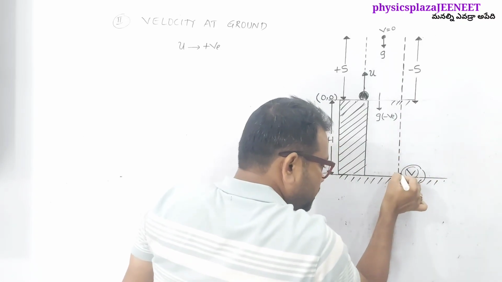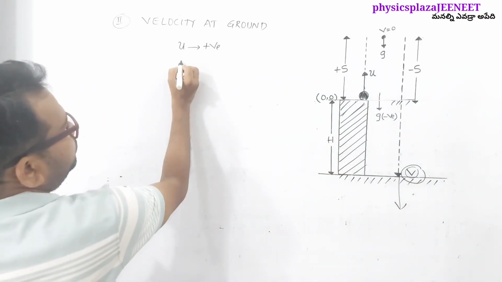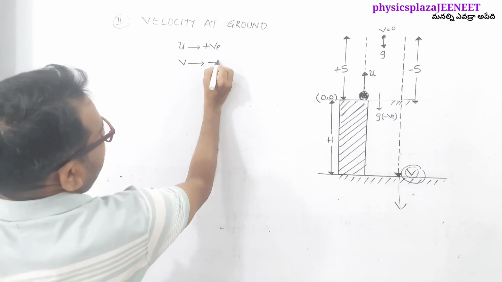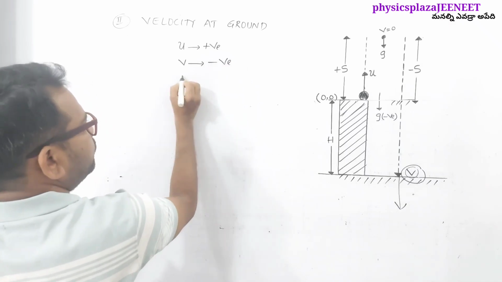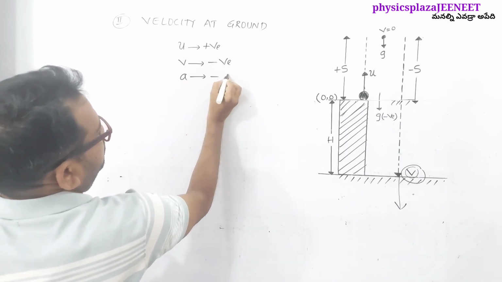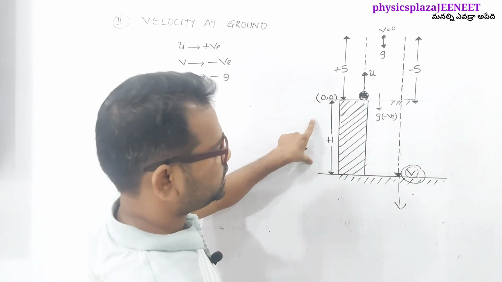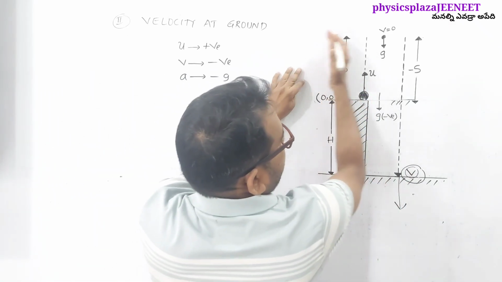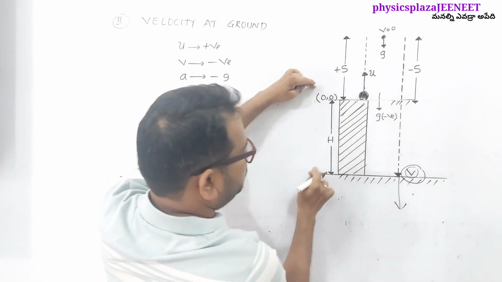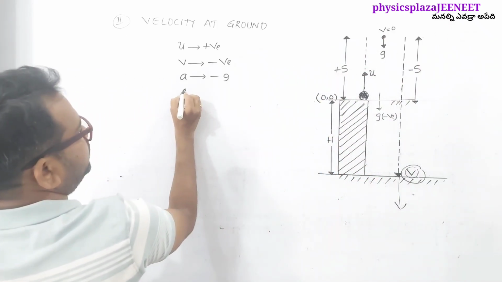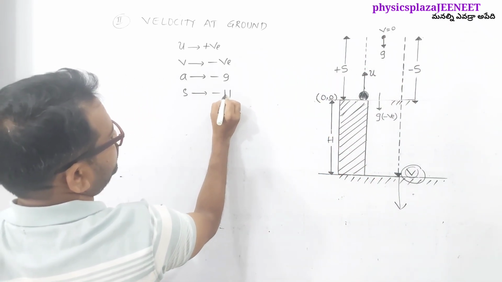Here it is the downward direction, so it is negative. So v is negative, and of course a is minus g. And what about displacement? Here these both will get cancelled, so remaining is this one. It's a downward direction, so here s is going to be minus h.